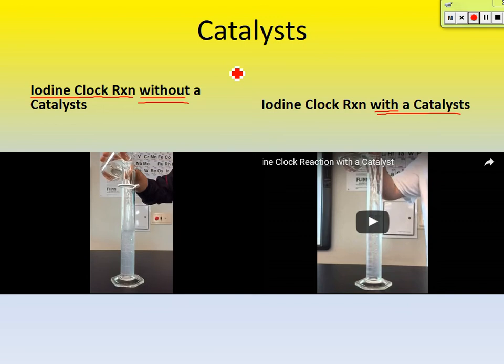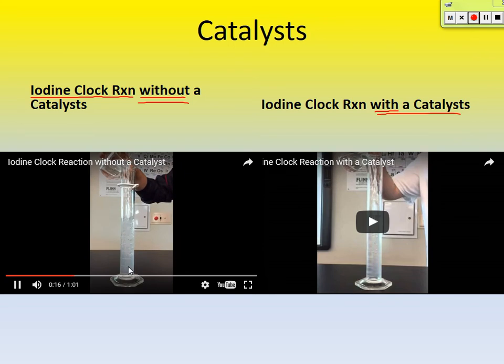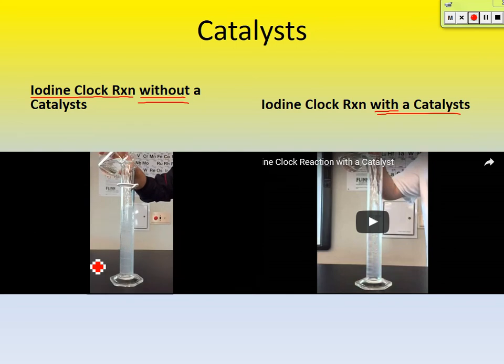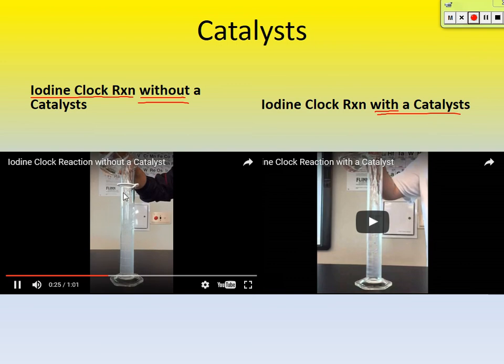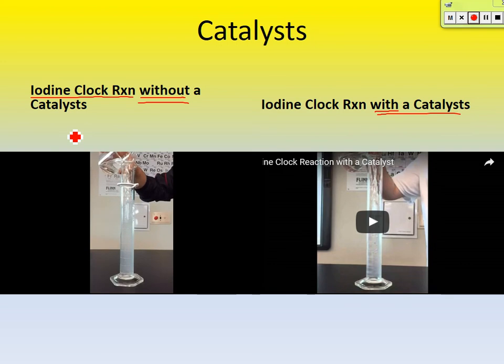So while he's mixing these two things, let me explain what's going to happen. You're going to see a color change happen at the bottom of this graduated cylinder. And the color change is going to be the start of the chemical reaction, and then we're going to watch the reaction happen. It's going to flow up the tube, but I want you to make a mental note of how long it takes for it to climb to the top of the tube.